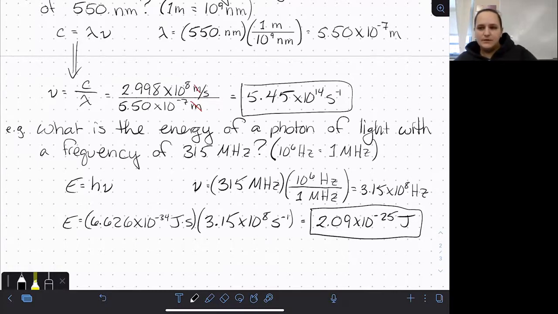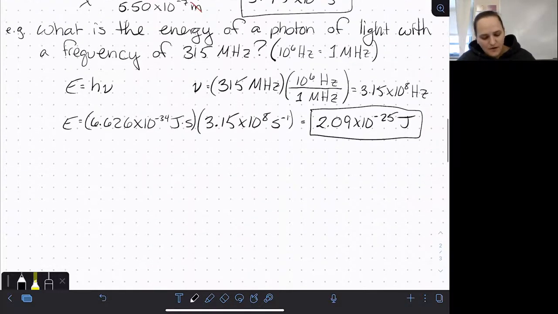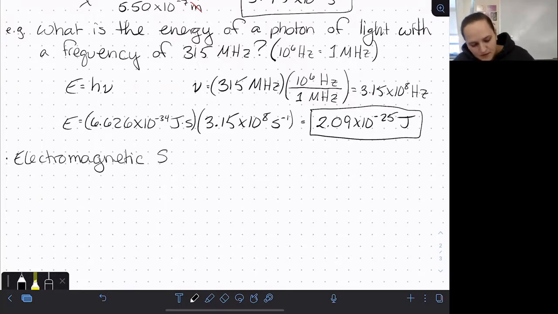So the last thing I want to talk about briefly is the different regions of the electromagnetic spectrum. So the electromagnetic spectrum essentially just categorizes different types of light according to their wavelength or frequency. You can think about it either way.